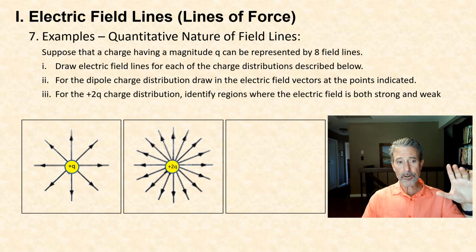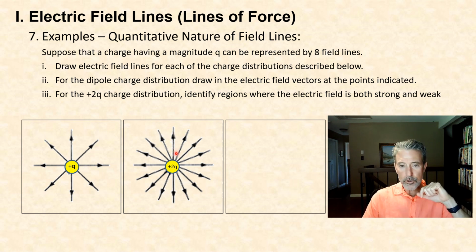We are asked here in the third part for the +2Q charge distribution to identify regions where the electric field is both strong and weak. And let me grab a laser pointer here. You'll notice that when we are close to the charge distribution, if I look at this area here, we see that the field lines are fairly close together, suggesting a strong field.